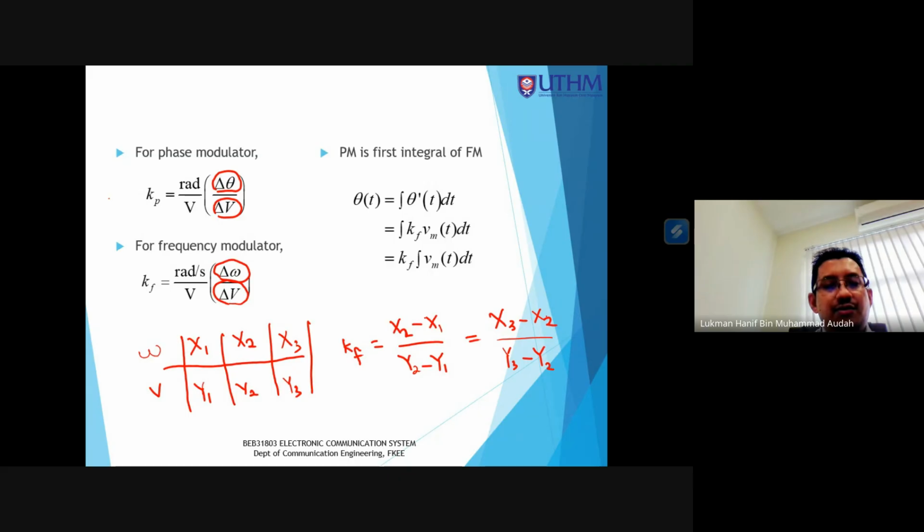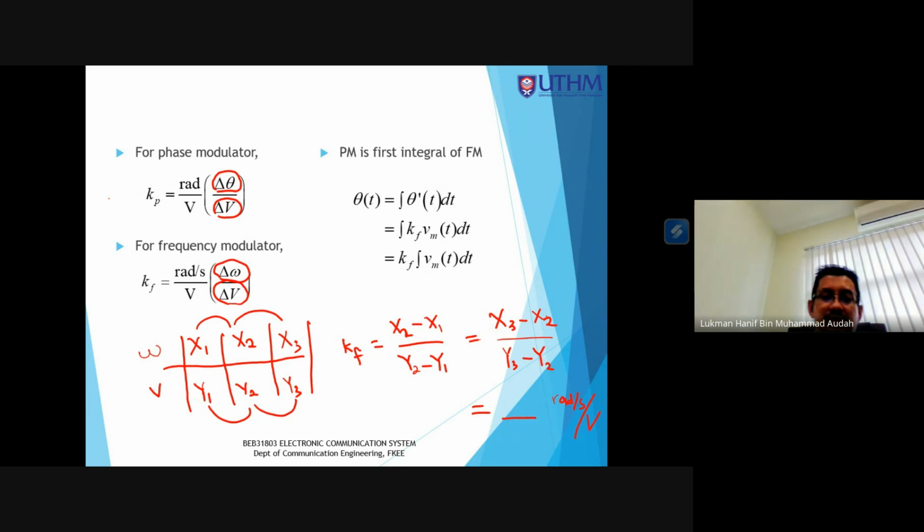You can choose either of these. So we'll get a value in terms of radians per second per volt.